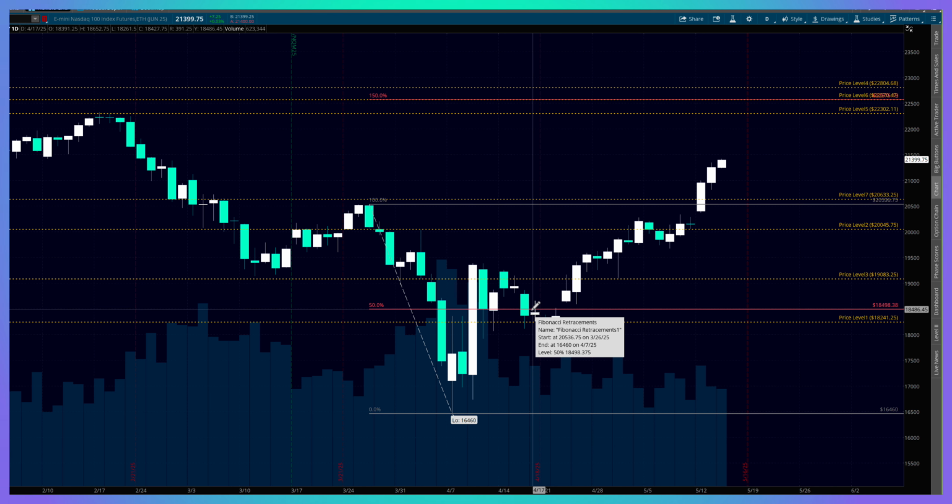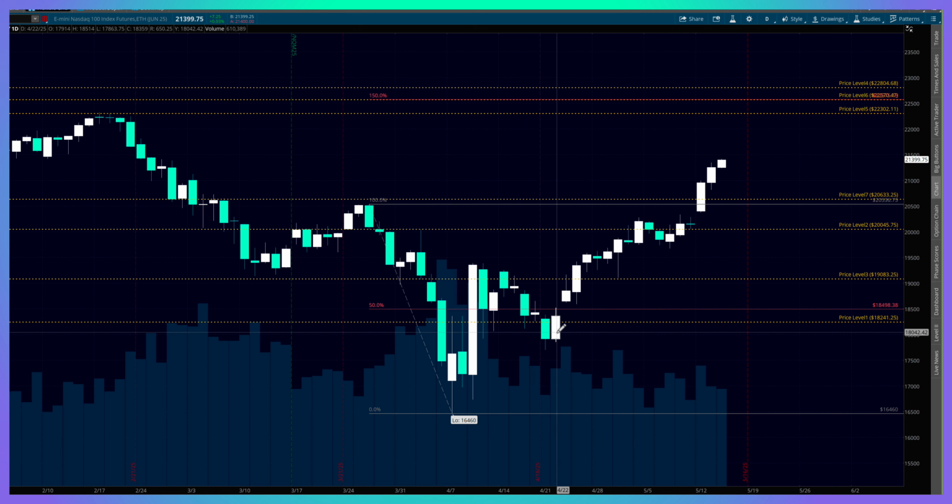A lot of people thought that. Here's the question. If you think to yourself, hey, I'm going to take this short because I lost the level and this is a failed retest, where should your stop be?